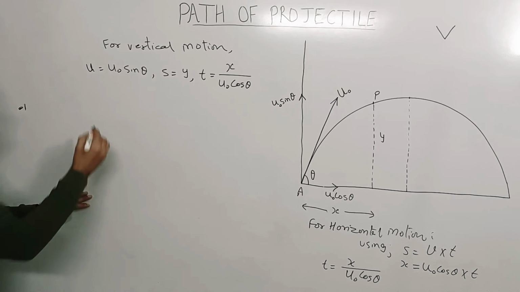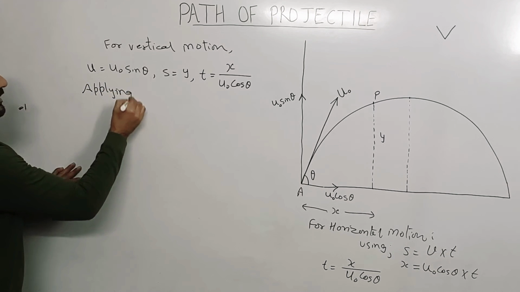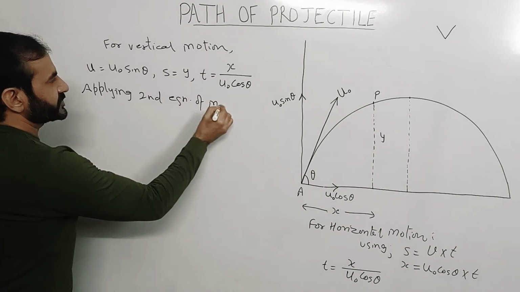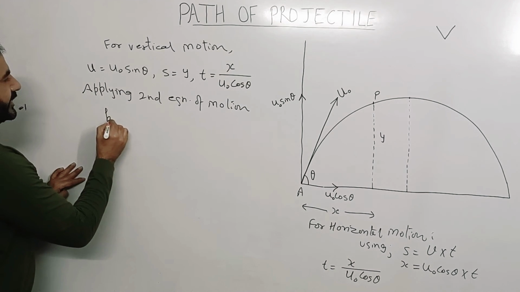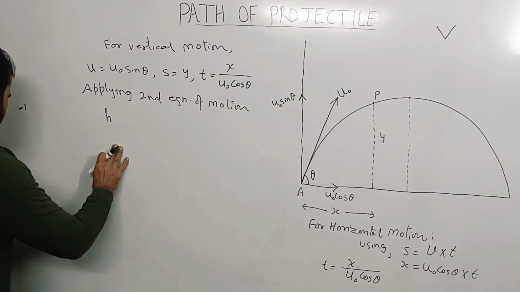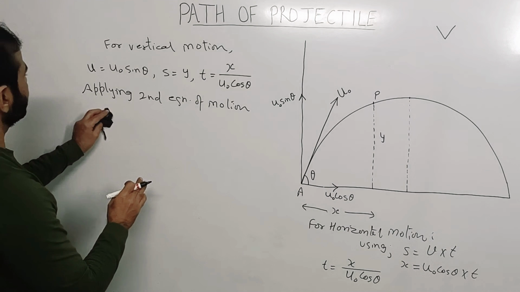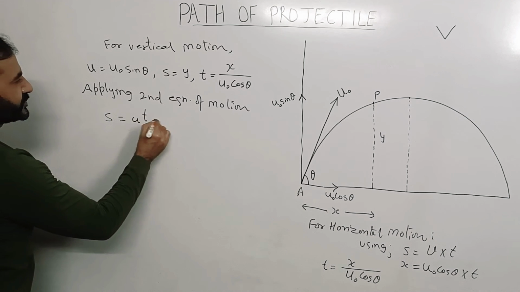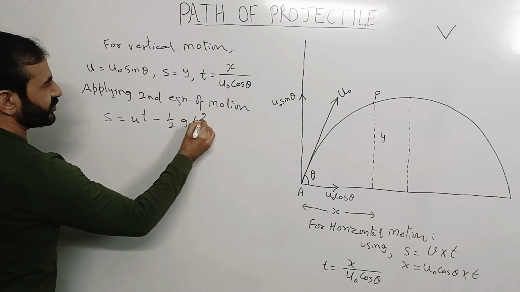Applying second equation of motion, S equal to ut minus, body is going upwards, half g t square.